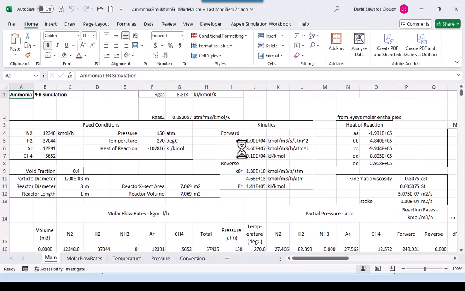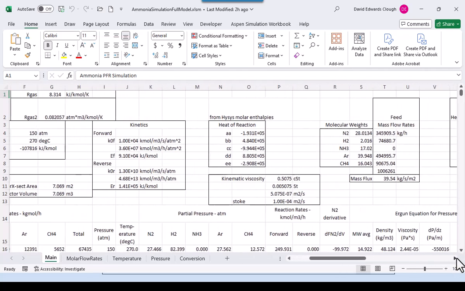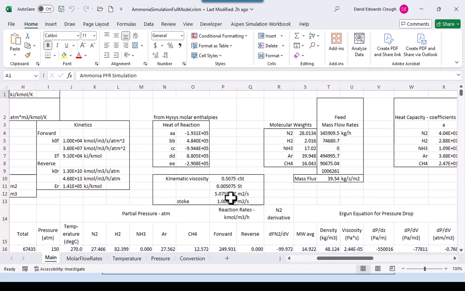And again, it's got a similar flavor and a similar layout in terms of our basic data. There are some new things there, such as our kinematic viscosity, all right, which is the Greek nu letter that we used. So we've got that information, all right? And then we've got our calculation of our mass flux.